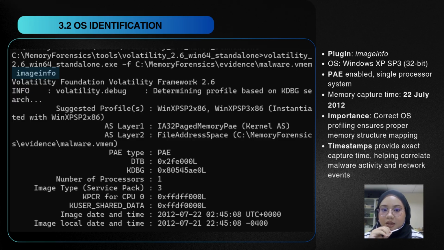Together, these timestamps indicate exactly when the memory dump was captured, giving a temporal context to the forensic investigation. This is important because it allows investigators to match system activity, network connections, and malware execution to the specific time stated.